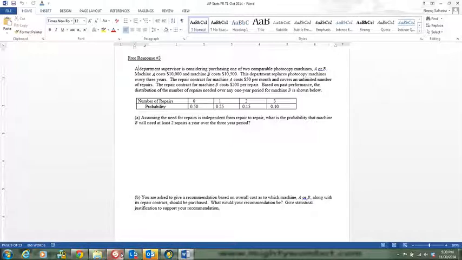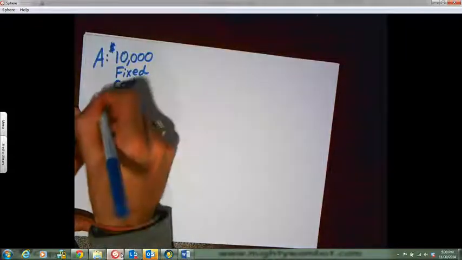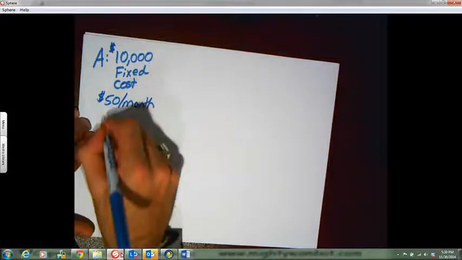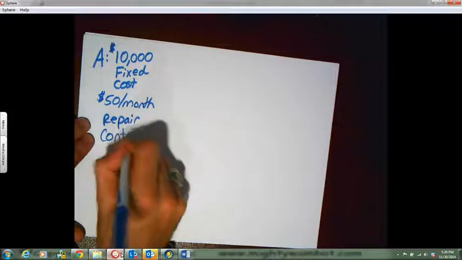The repair contract for A is $50 a month. So A is $50 per month is the repair contract.